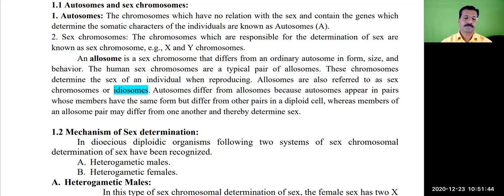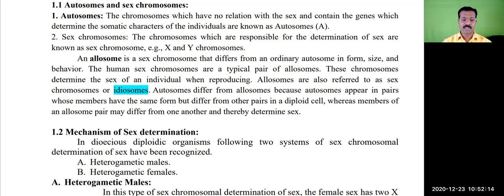Autosomes are nothing but chromosomes which never take part in sex or sex linked characters. They don't have any role in the sex, but they are responsible for the body characters.